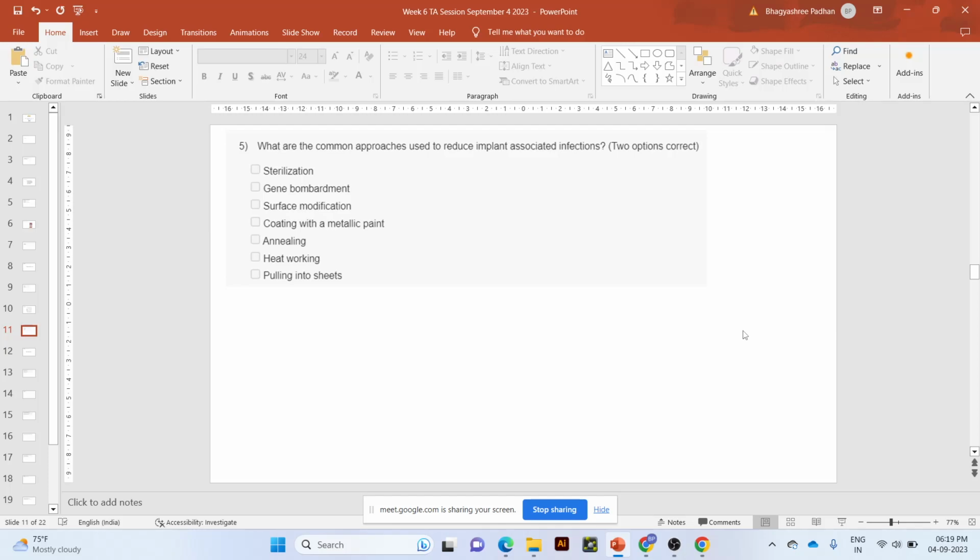Common approaches used to reduce implant associated infections. Okay. 1 and 3 are the correct options.